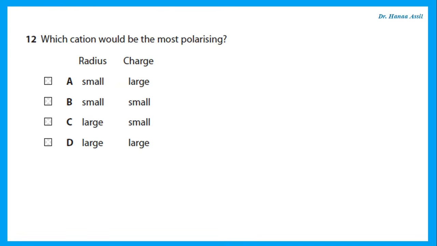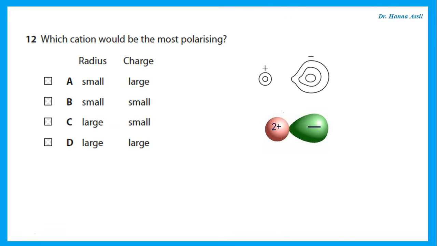Which cation would be the most polarizing? Remember we said if we have a cation, a positively charged ion that is small with a large charge, this should be ionic, but because the positively charged ion attracts the electron cloud around the anion, we call that polarizing ability.